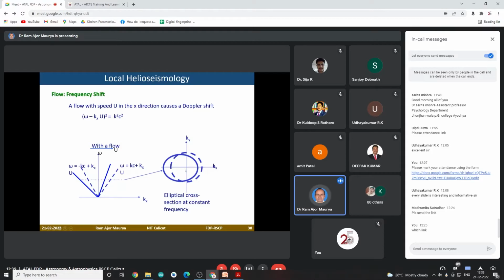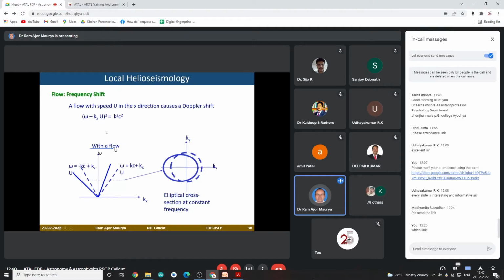Now based on this, if you try to plot, you will get something like this. Initially we had something like this, then it will change position, from here to here. Also the ring, instead of a circle, would now be of elliptical shape. This is happening because of the plasma flowing along the x-axis.